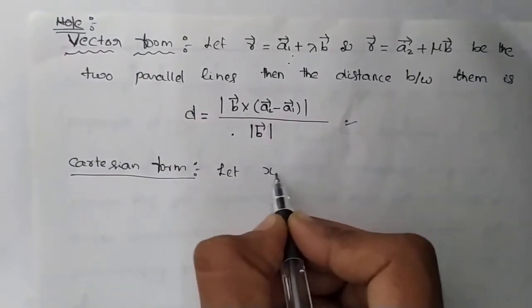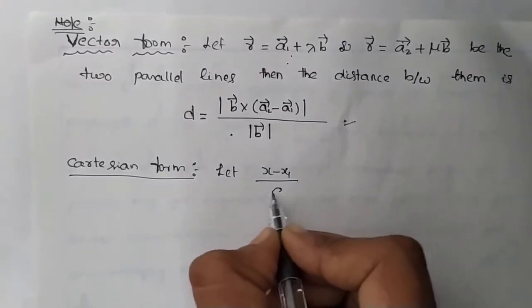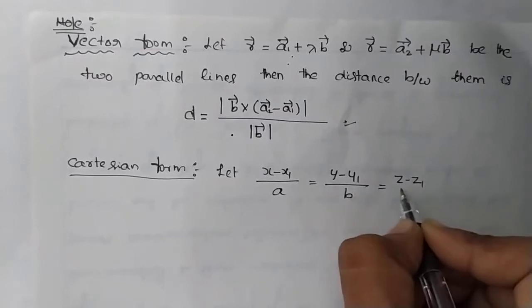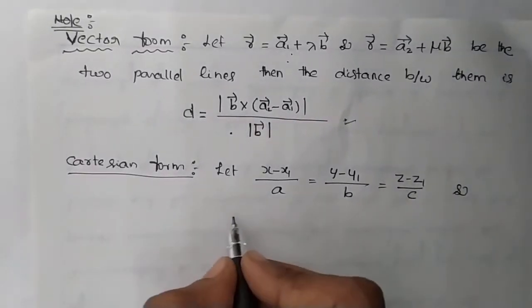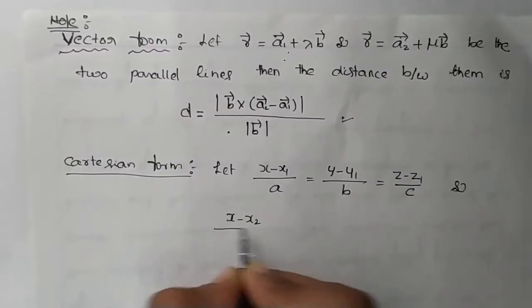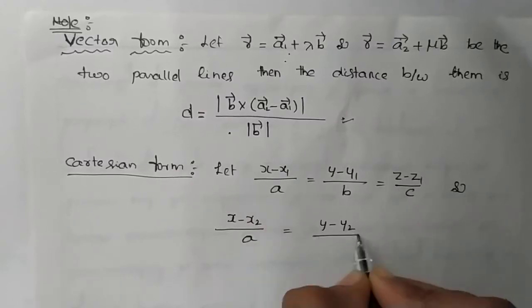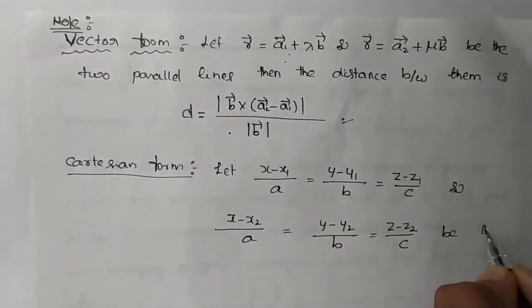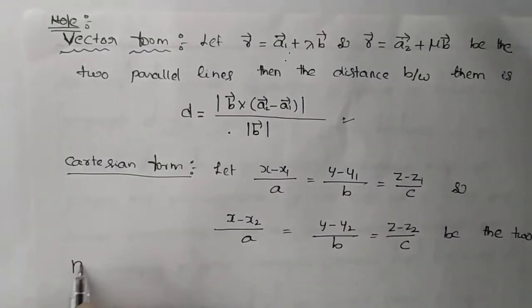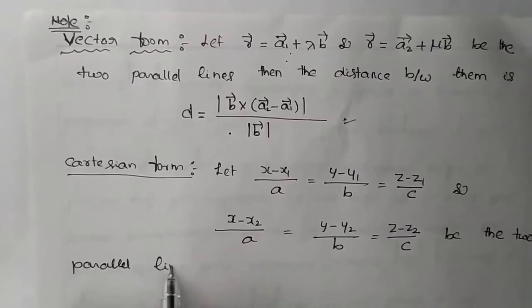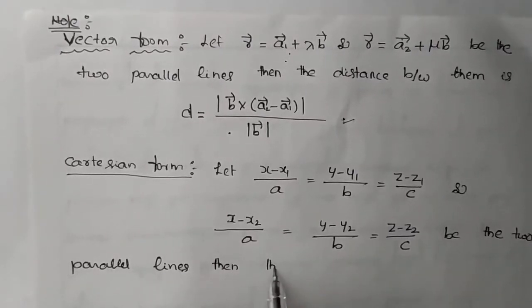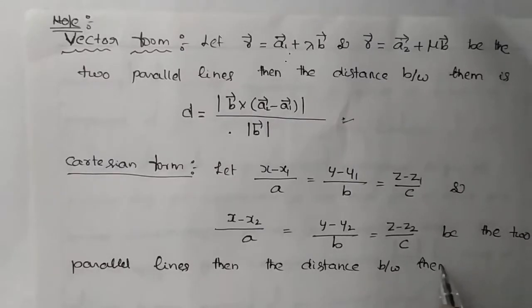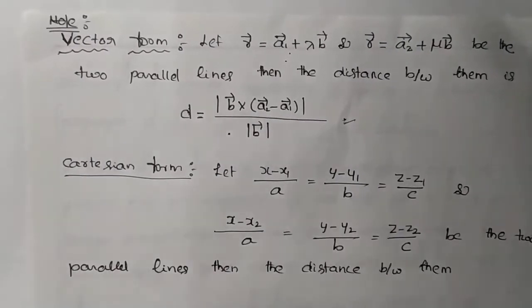Let (x minus x1) divided by a equals (y minus y1) divided by b equals (z minus z1) divided by c, and the second line (x minus x2) divided by a, (y minus y2) divided by b, (z minus z2) divided by c be the two parallel lines. Then the distance between them is what?